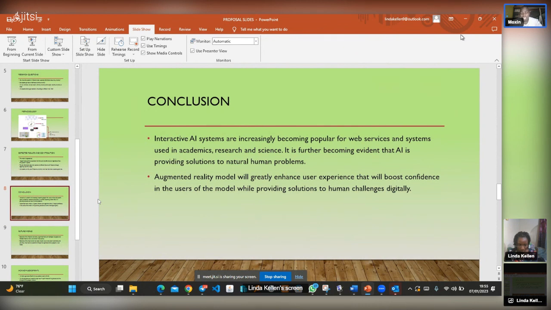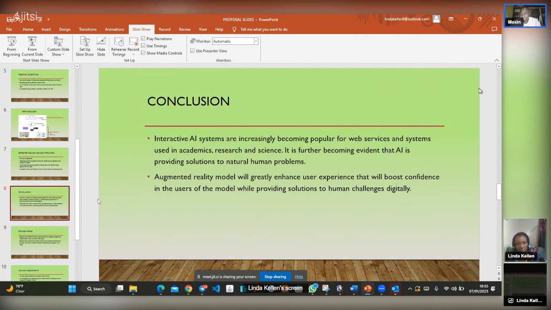And then you get this information, you get to know which floor he is on, and this intelligent system is able to show you this. And as this augmented reality model is going to greatly enhance the user experience, it is also going to boost the confidence of these students that are going to be using this particular system, while providing solutions to the human challenges that are actually happening to the students in their daily lives during their time at the university.